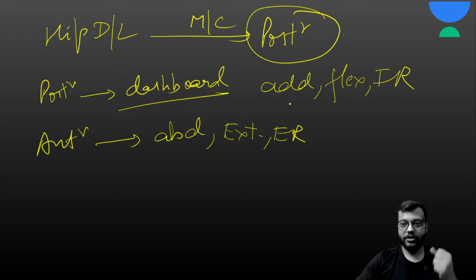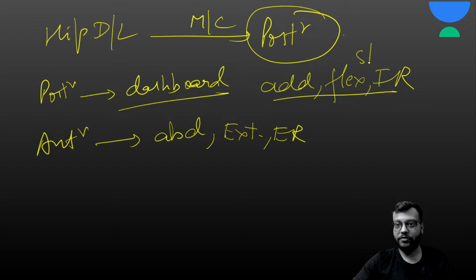And in posterior, along with adduction, flexion, internal rotation there will be shortening of the limb, whereas in anterior dislocation there will be lengthening of the limb.